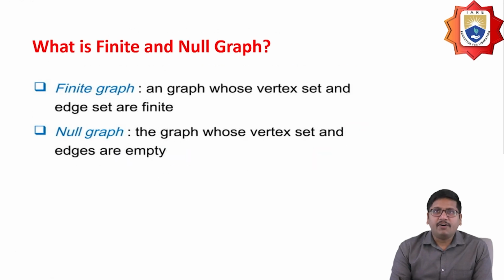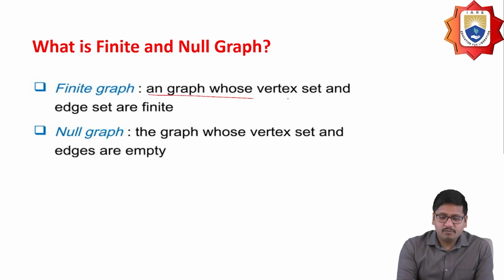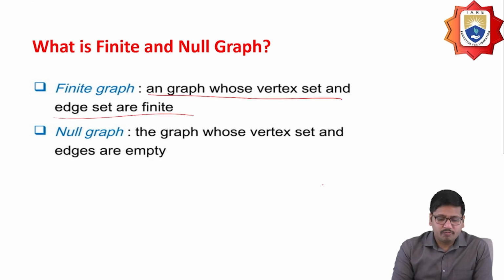So what are finite and null graphs? A finite graph is a graph whose vertex set and edge set are finite.